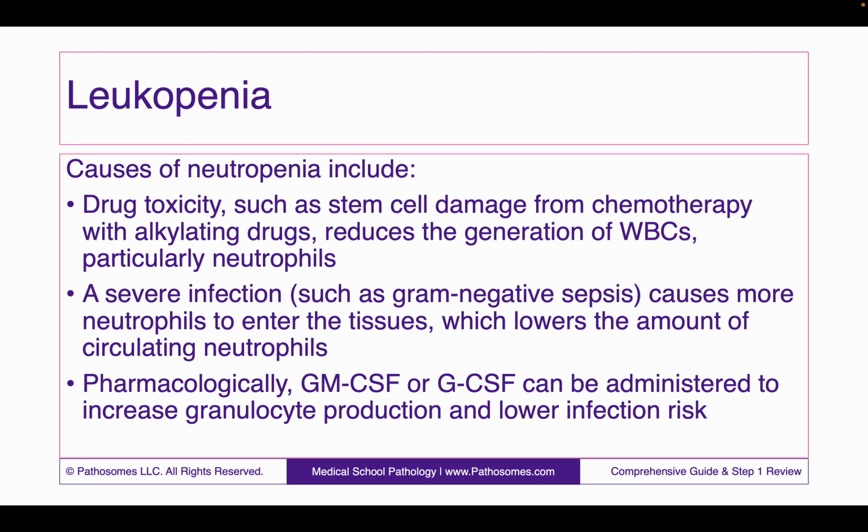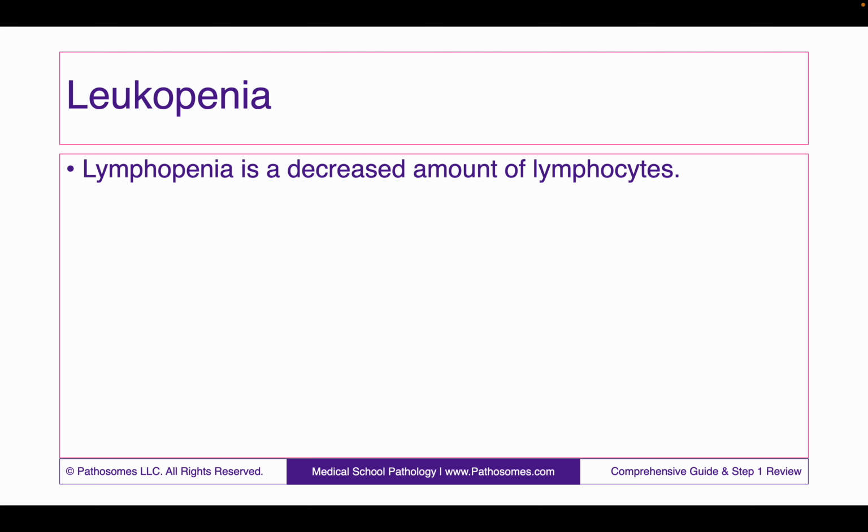Pharmacologically, GM-CSF or G-CSF can be administered to increase granulocyte production and lower infection risk. These include filgrastim or pegfilgrastim, which promote granulocyte production as well.